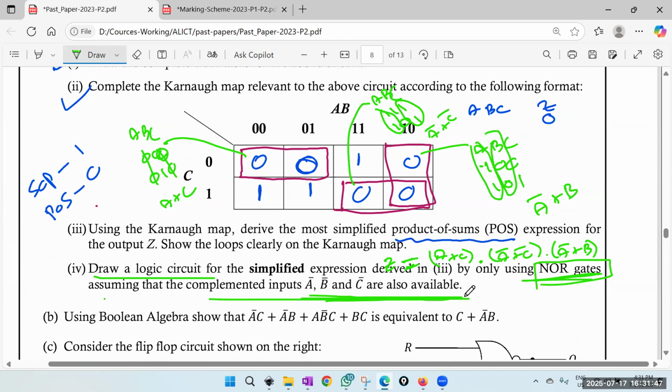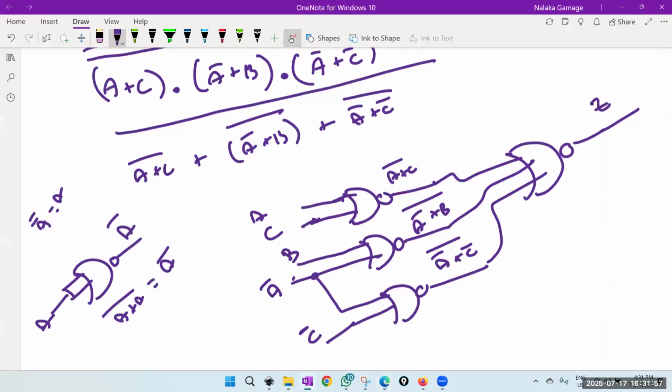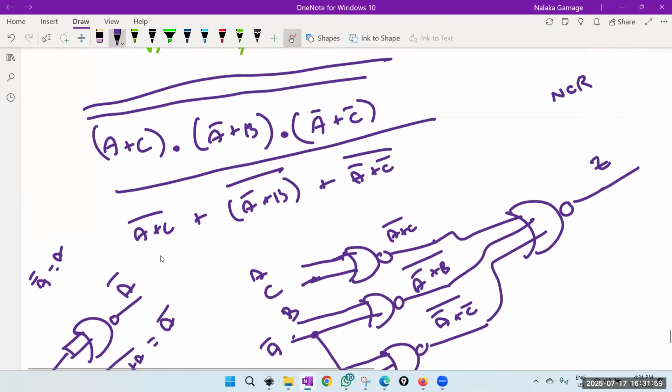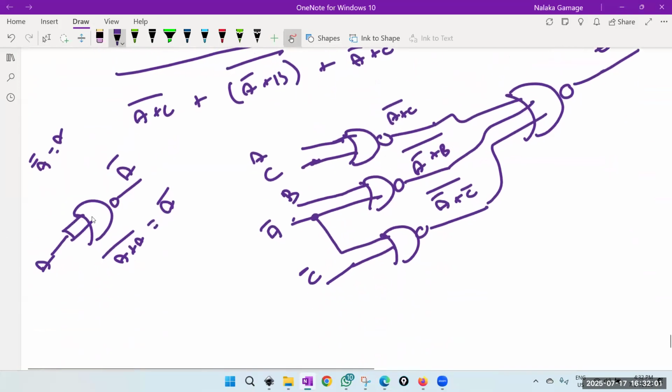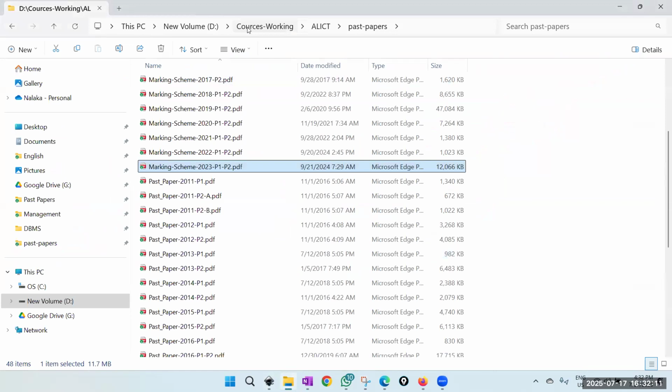So both the approaches, the examiner has given marks. Okay, right. But in the future, even though the examiner says like that, you better just convert your A into A bar using this. Okay. So any questions? Any questions? So we have discussed this under logic gates. Okay. Logic gates.